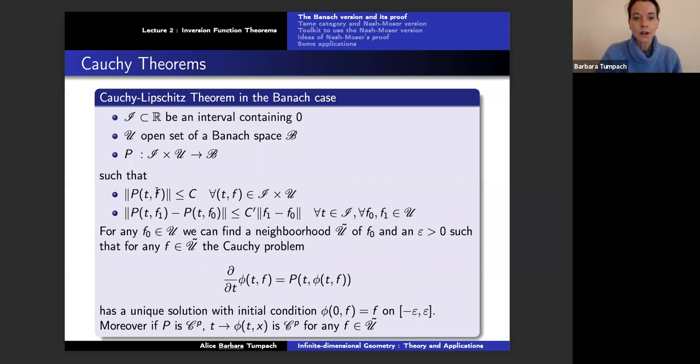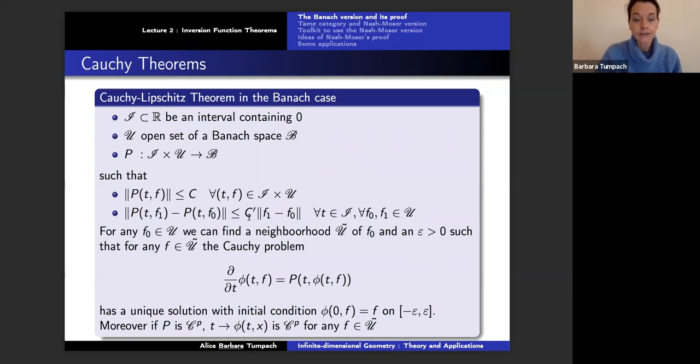There are two conditions, two estimates on this vector field P. It is bounded, this first one, and it is Lipschitz. That's the second condition.